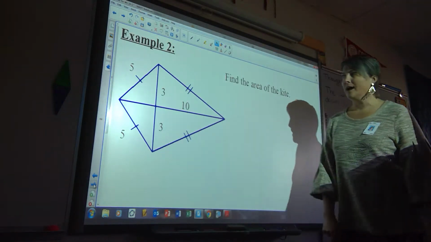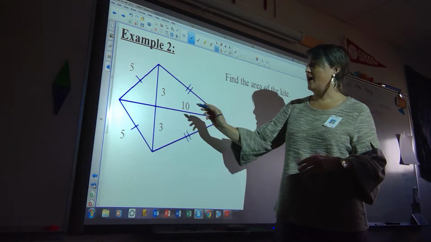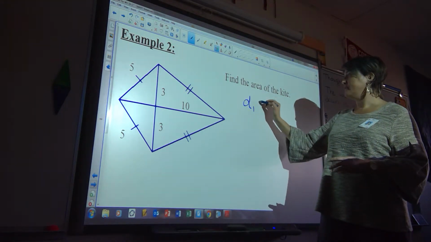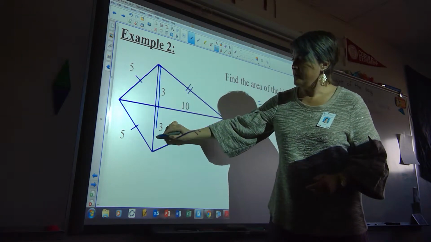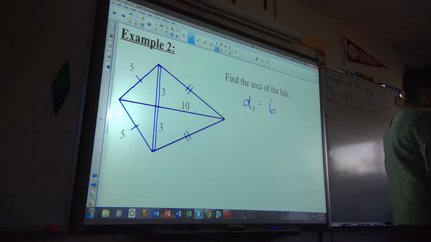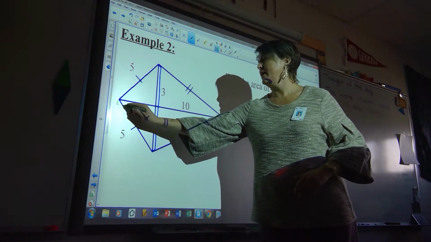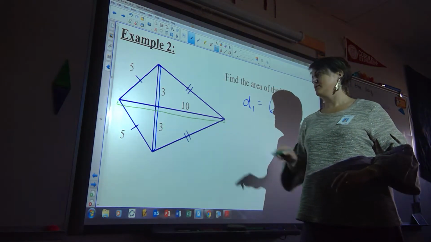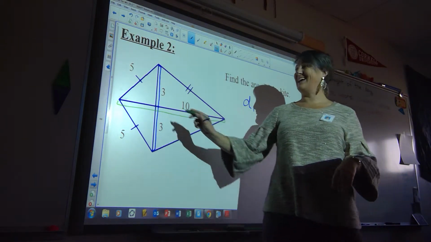All right, so let's try this out. If we need to find the area of the kite, I can tell right away that one of the diagonals has a length of 6. Do I have enough information to figure out my other diagonal? Yeah, 3, 4, 5.